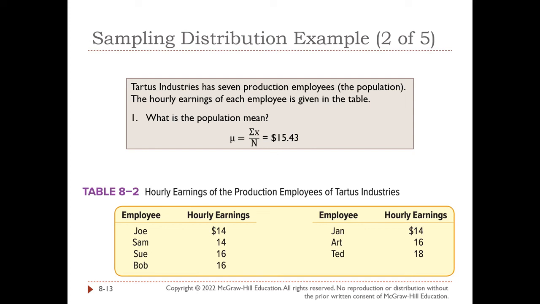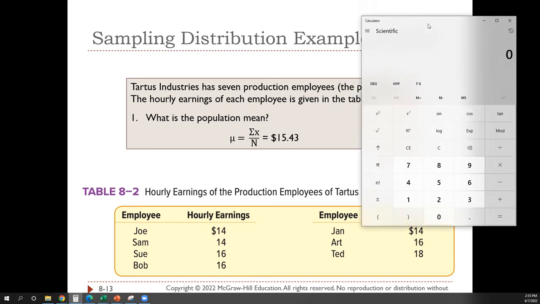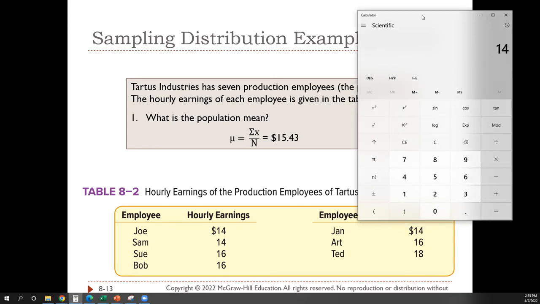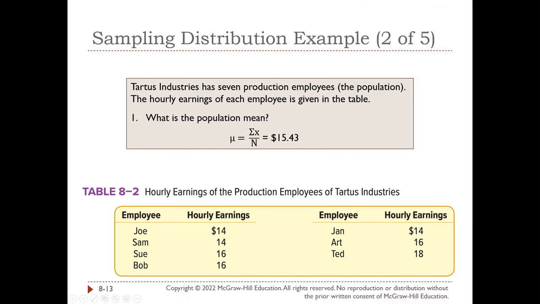If I want to pop out the calculator, I can do it right now: 14 plus 14 plus 16 plus 16 plus 14 plus 16 plus 18 divided by 7. So that's where they get $15.43. Not too bad.